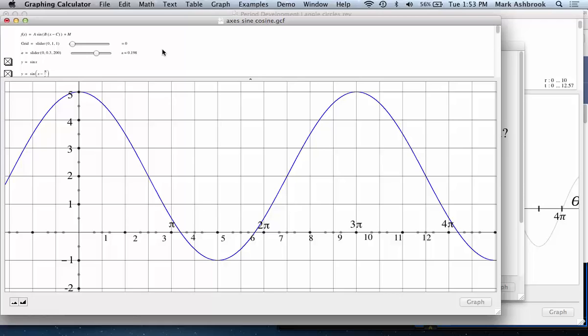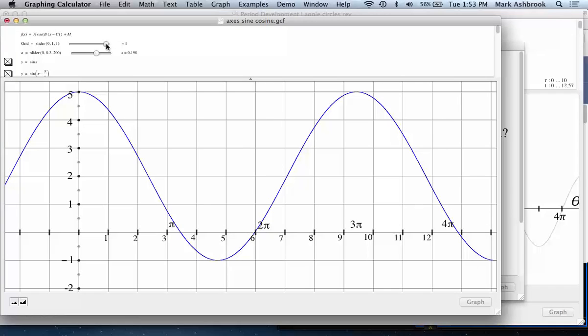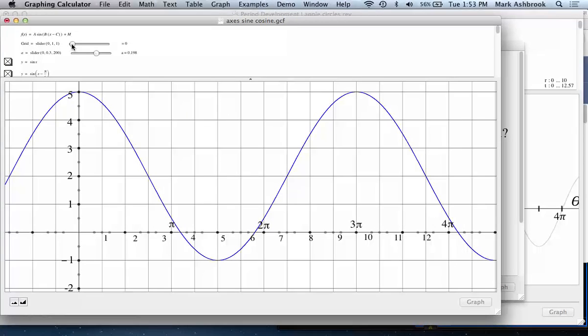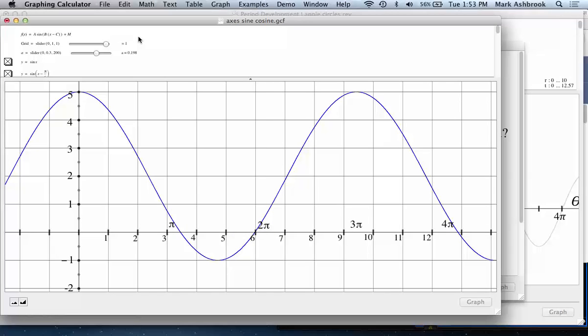But these grid lines right now are showing the pi scale. And then I can change it to show the integer scale. So this particular blue graph, does its input relate to the pi scale, in terms of the period, or does it relate to the integer scale?